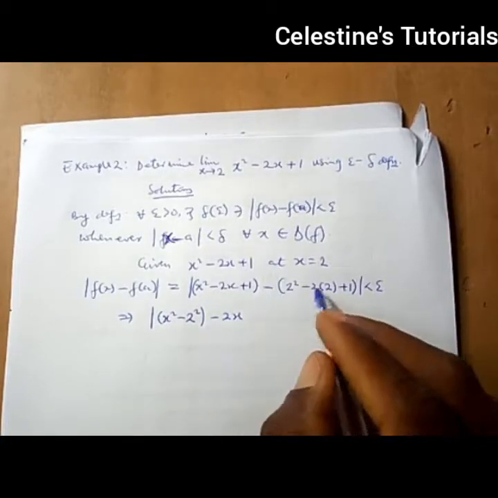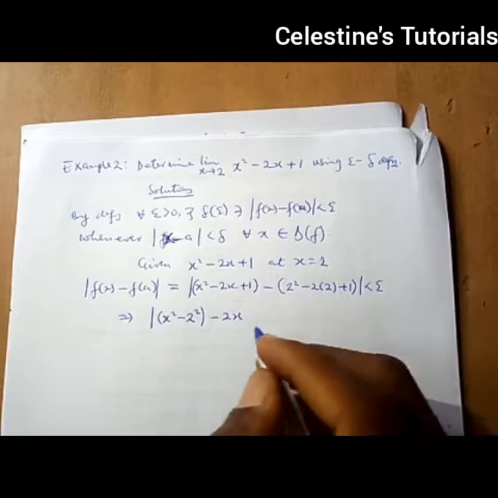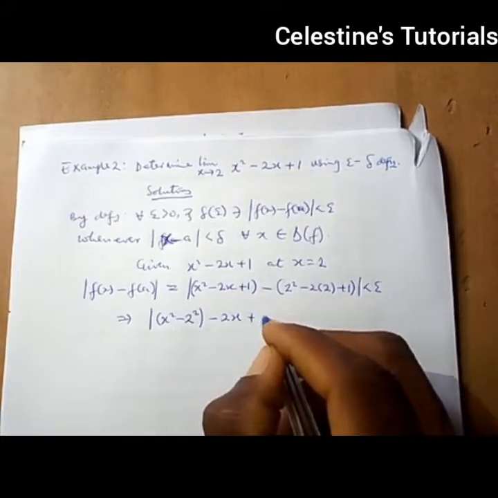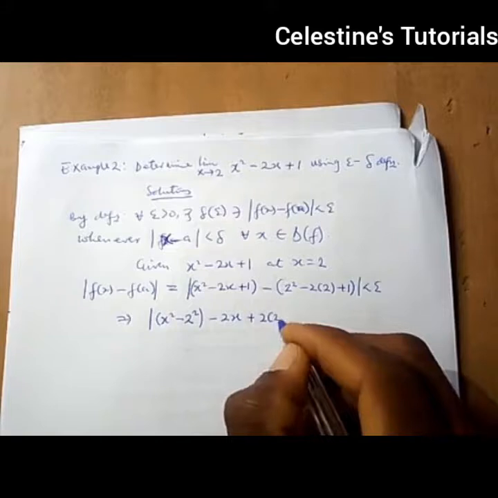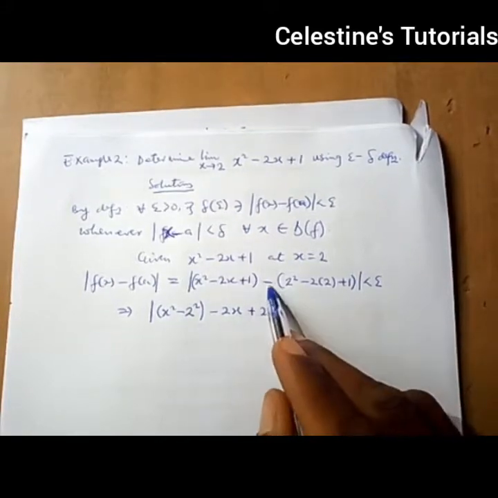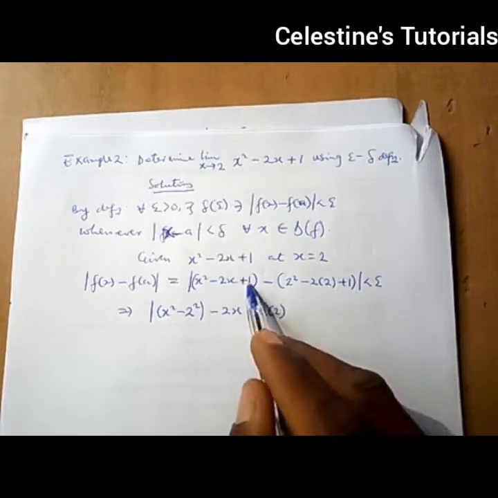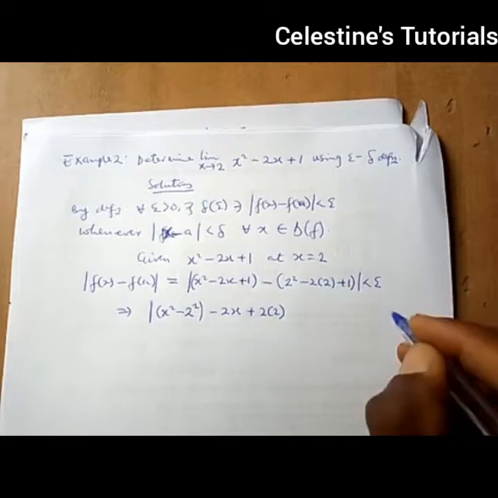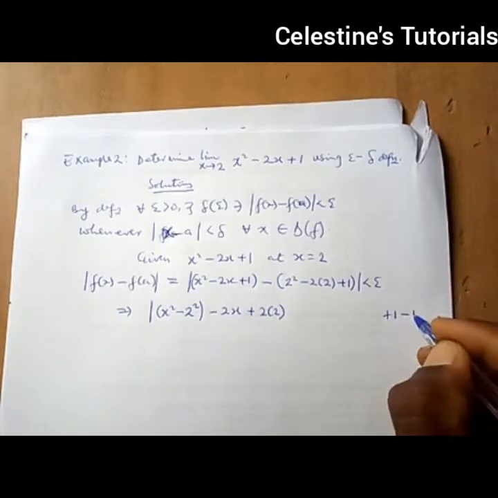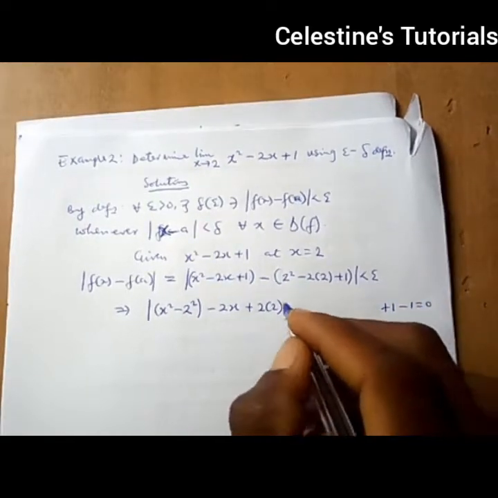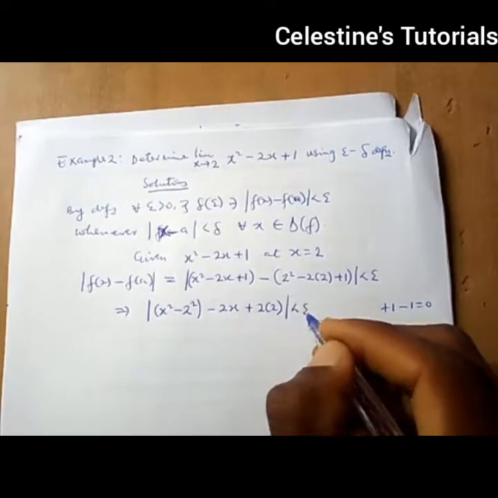Now you have minus, changes to plus. You have plus 2 into 2. Now open the bracket minus. This will affect this plus and it becomes minus. So you have plus 1 minus 1 becomes 0. So you now write less than epsilon.